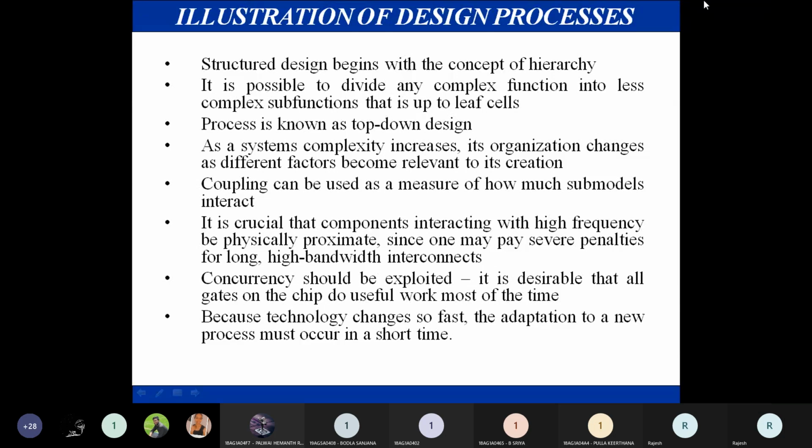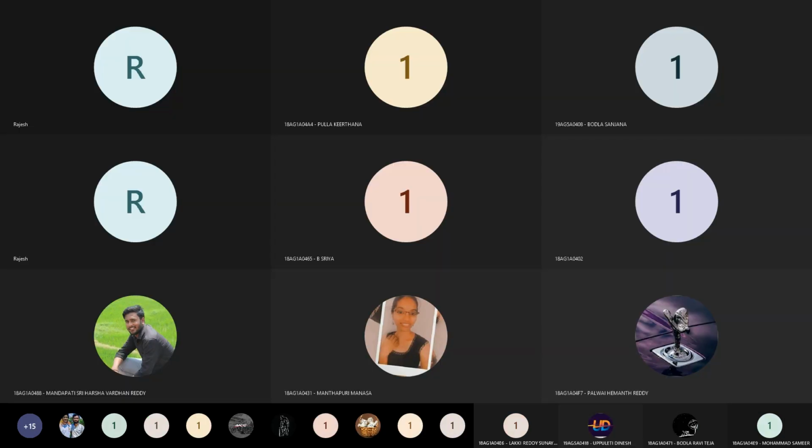So we'll see this process. How that is possible, we'll see now.